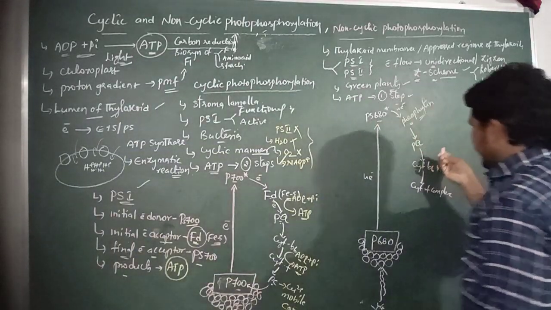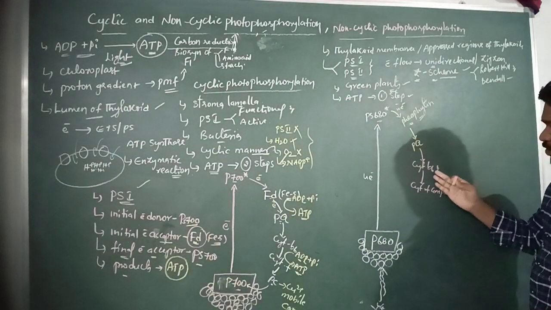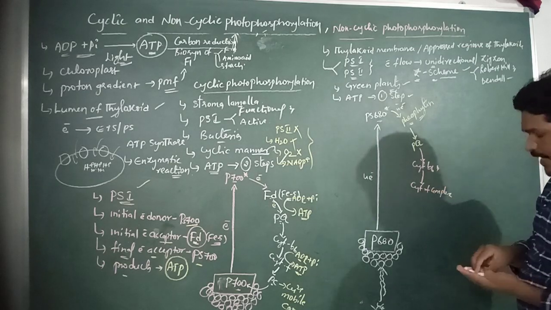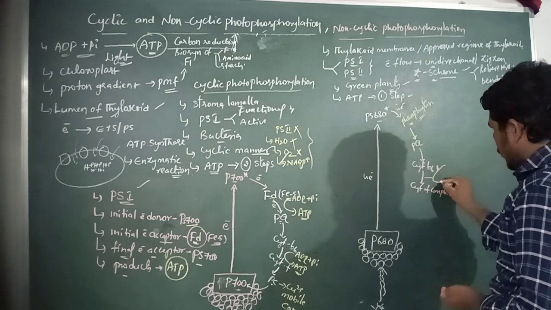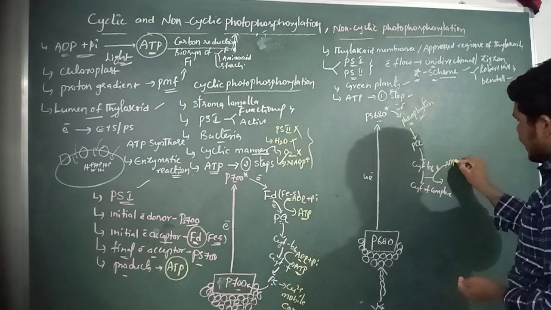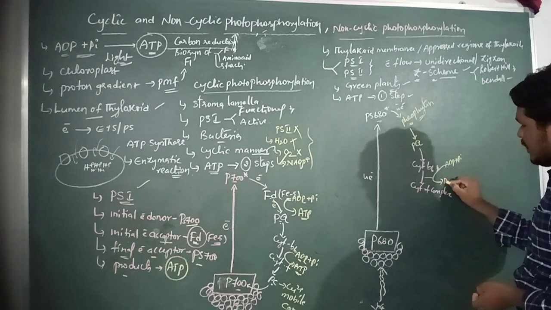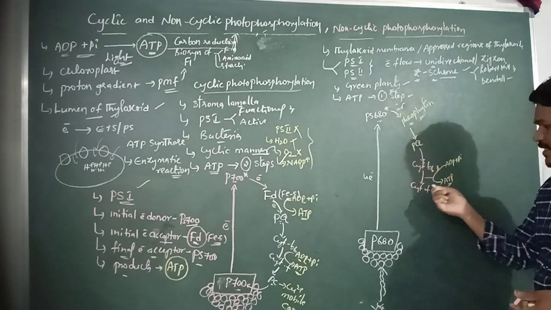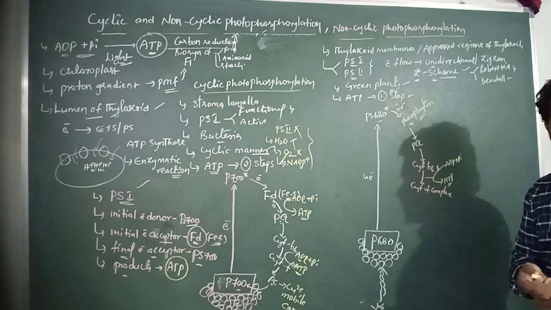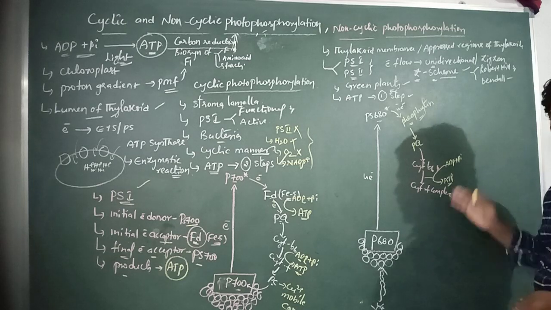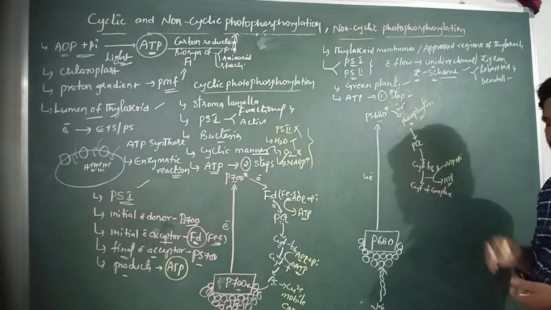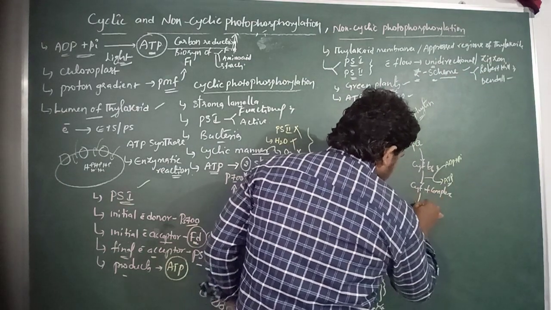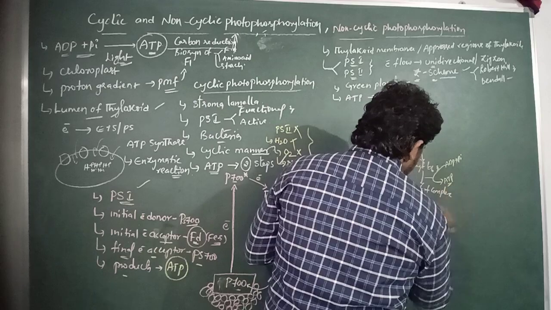During the transfer of electrons from plastoquinone to the cytochrome B6F complex, one ATP molecule is synthesized, at the complex with the help of the proton gradient. Then the cytochrome B6F complex transfers the electrons to the plastocyanin.